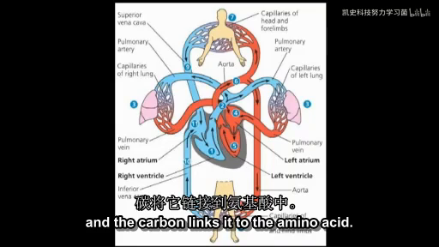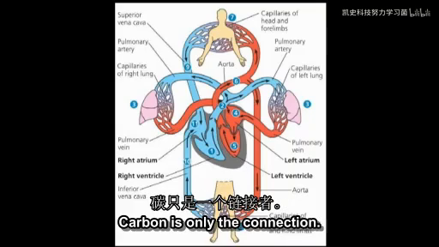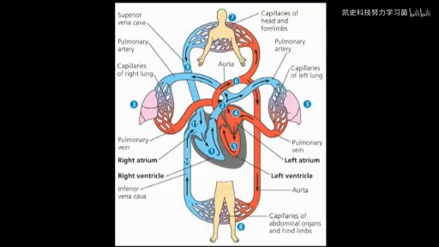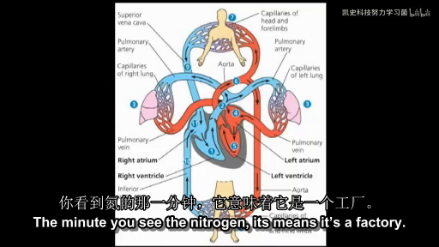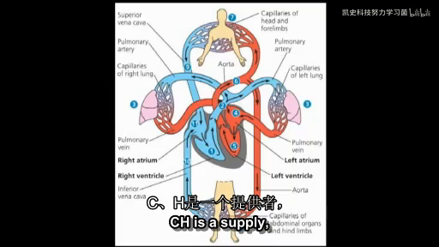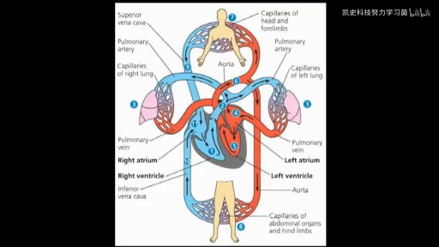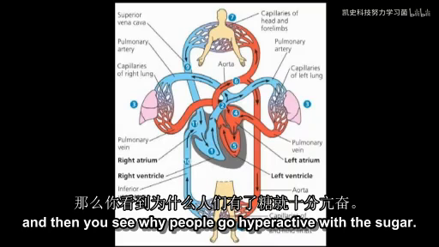And the carbon links it to the amino acid. Carbon is a connection. When you put hydrogen, oxygen, and the nitrogen in the chain, the minute you see the nitrogen, it means it's a factory. CH is a supply. And then you see why people go hyperactive with the sugar.